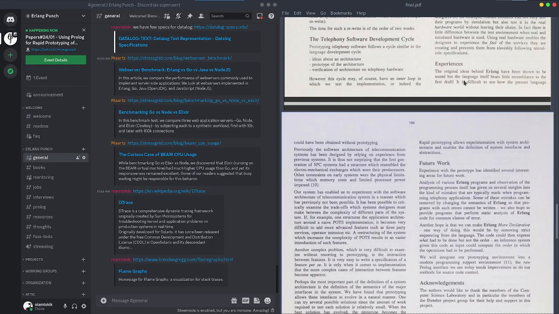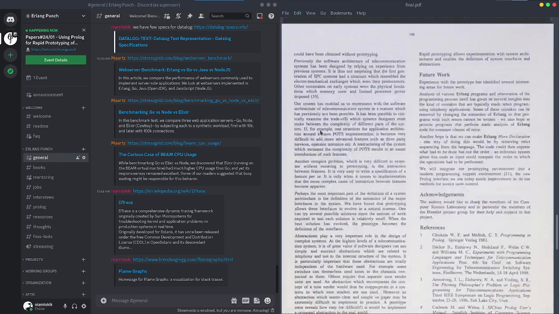Experiences. The original ideas behind Erlang have been shown to be sound, but the language itself bears little resemblance to the first draft. It is difficult to see how the present language could have been obtained without prototyping. Previously, the software architecture of telecommunication systems has been designed by relying on experience from previous systems.